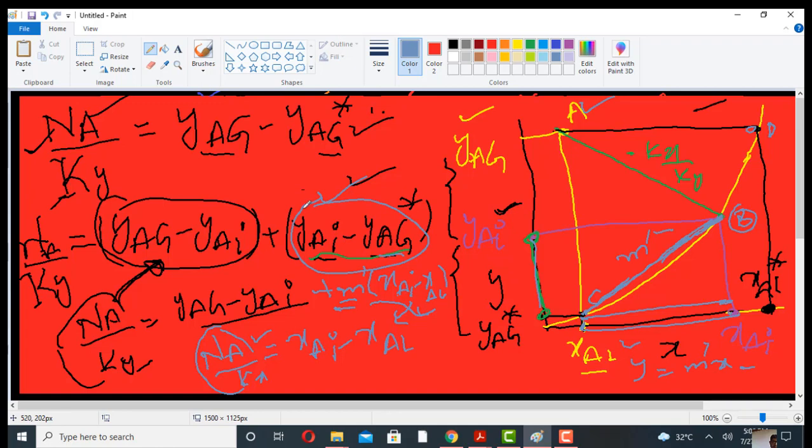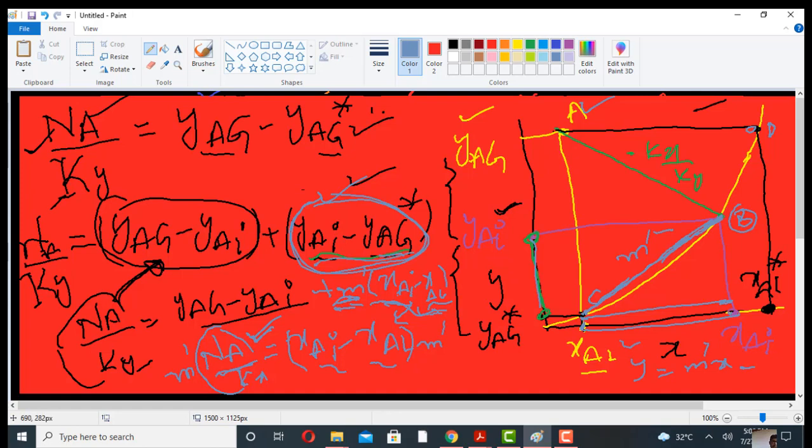Because this term YAI minus YAG is equal to m dash into XAI minus XAL. Now XAI minus XAL is equal to NA divided by Kx, and if we multiply this NA divided by Kx with m dash, this is XAI minus XAL, multiplied by m dash, which is equal to YAI minus YAG.